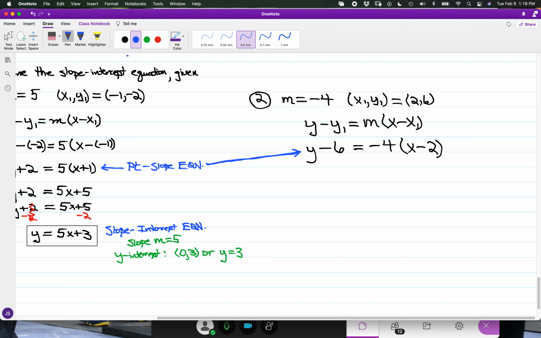And then in developing the slope-intercept equation, we still have y minus 6, and to the right, if I distribute, then we have negative 4x plus 8.